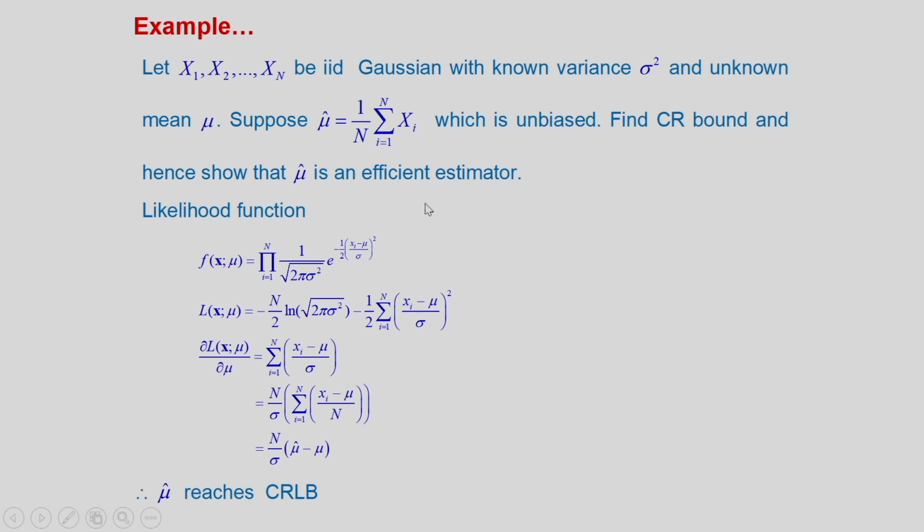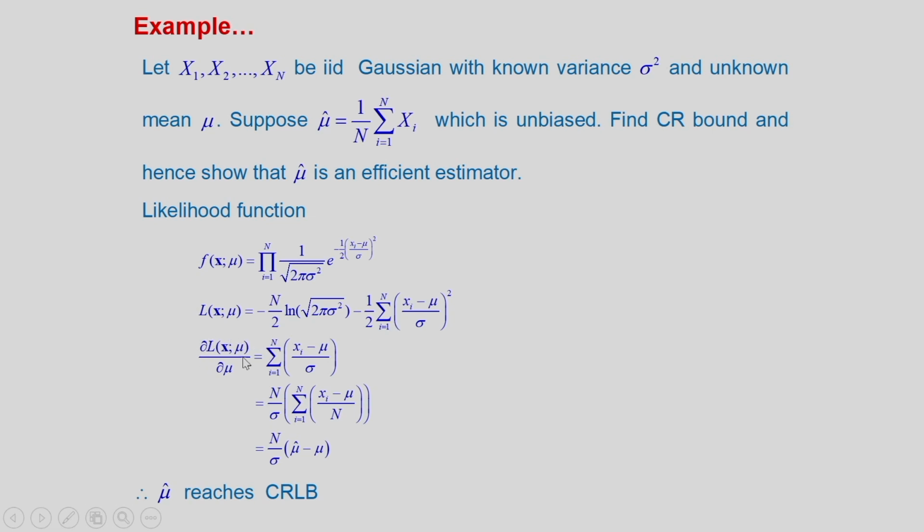Same example we are considering. Again we consider this likelihood function, which is given by this, and the log likelihood function is given by this. Now let us take the first partial derivative.